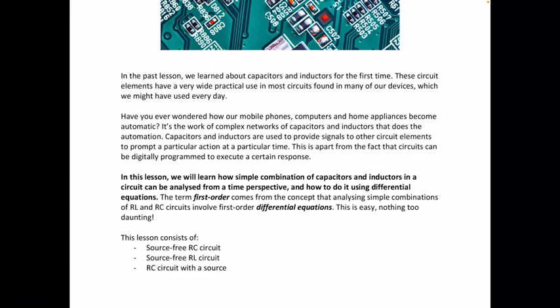But this analysis will be brought to us by differential equations. So we are using differential equations to obtain the formulas because of the element of time. As you have already learned from differential calculus, about the time rates or rate of change. And so inductors and capacitors also operate on a time rate perspective.